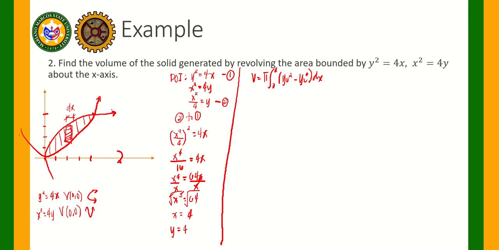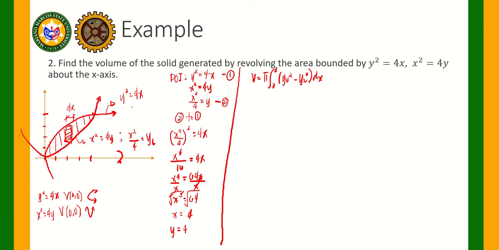Our upper curve is y squared equal to 4x. And our lower curve or lower graph is x squared equal to 4y. So, we are going to have functions of x. Okay? So, we can manipulate this one to become x squared all over 4. So, this is our y lower.